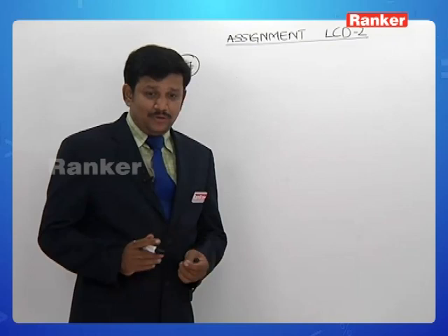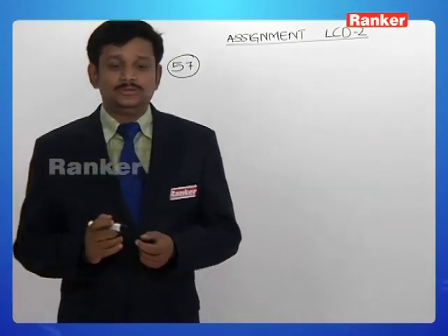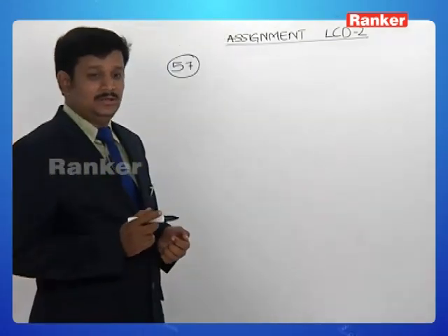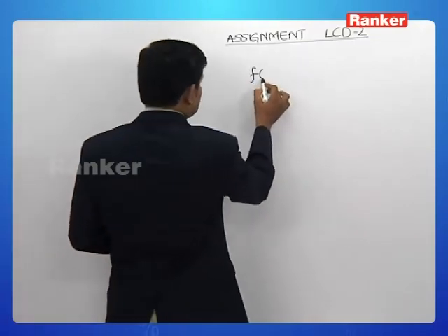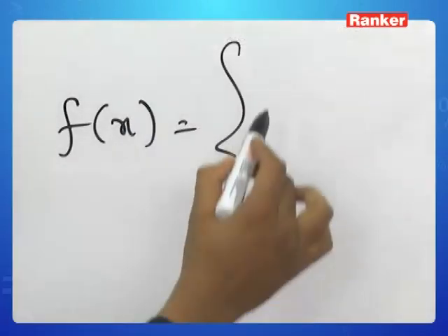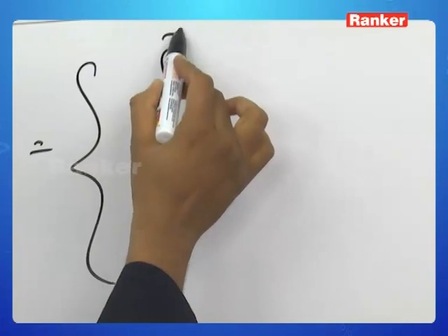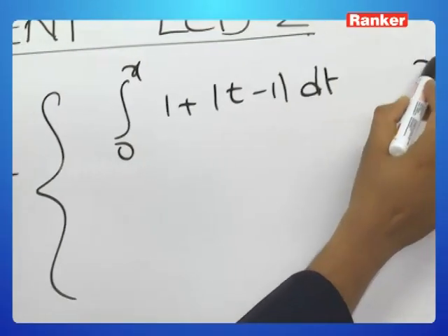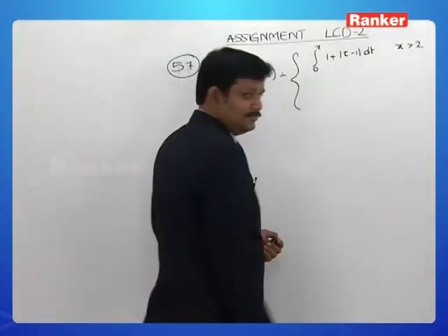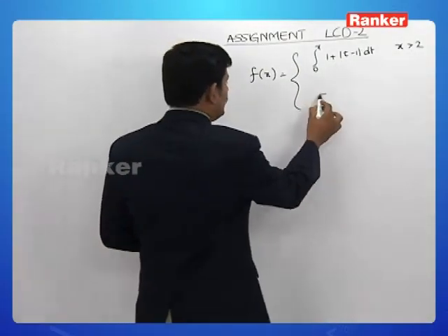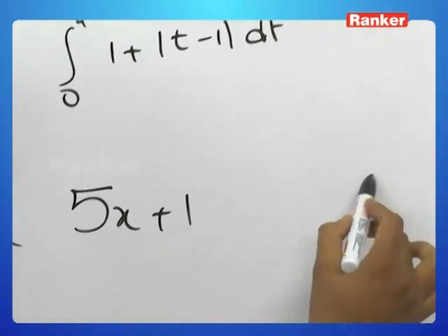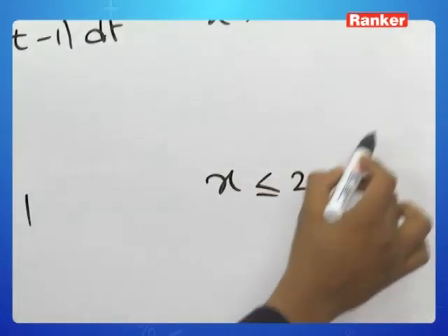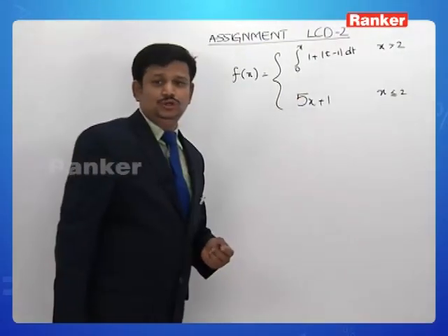So majorly the focus of the question is about continuity and differentiability of the function f of x is equal to integral 0 to x 1 plus mod t minus 1 dt if x is greater than 2 and 5x plus 1 if x is less than or equal to 2.